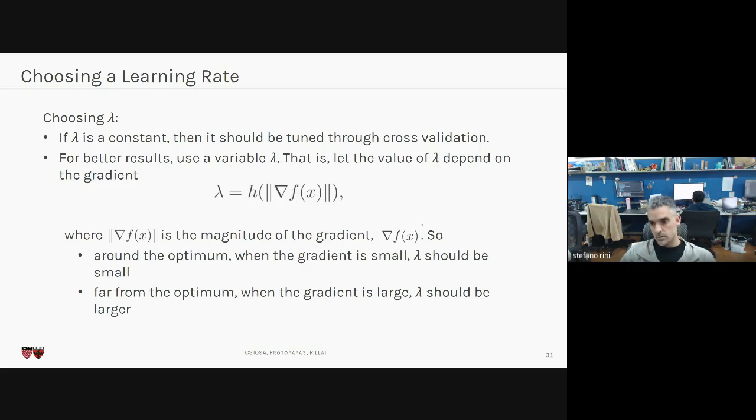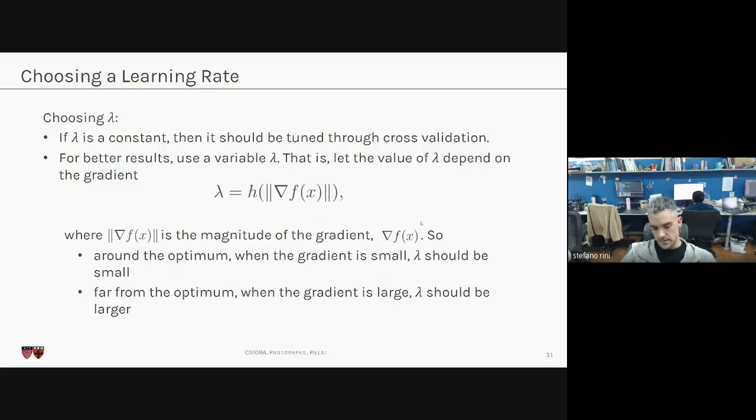So when we do gradient descent and go past the basics, we have to choose the learning rate to be variable. For example, we can choose the learning rate to have a magnitude related to the magnitude of the gradients, however you want to compute them.